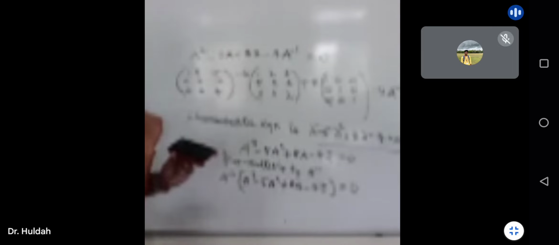Plus 8 I, means 1, 0, 0, 1. Minus 4 A inverse. I don't know A inverse. Keep it as it is because that's what I'm asked to find. I'm asked to find A inverse. That's it. We keep all this aside.